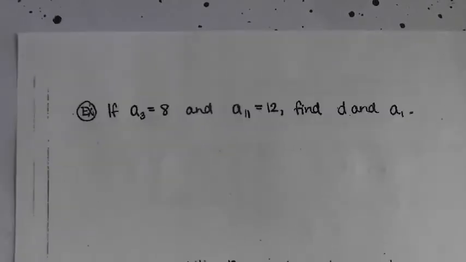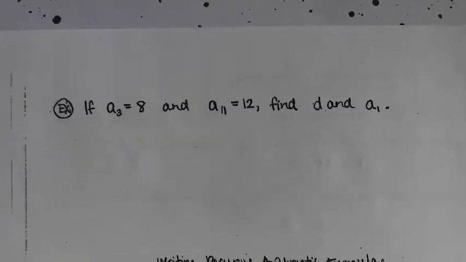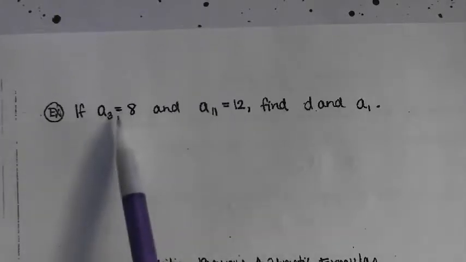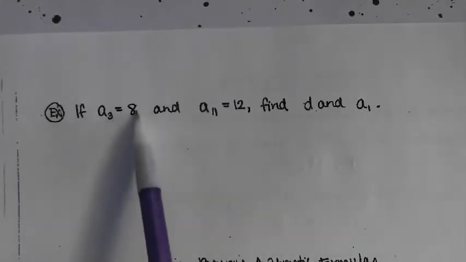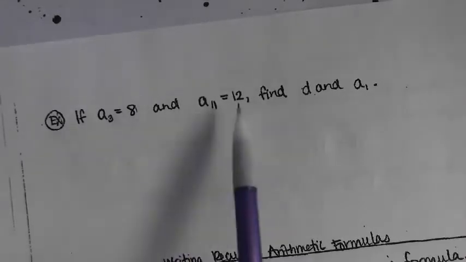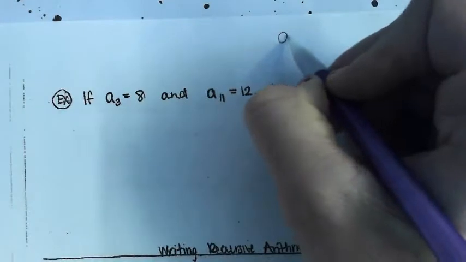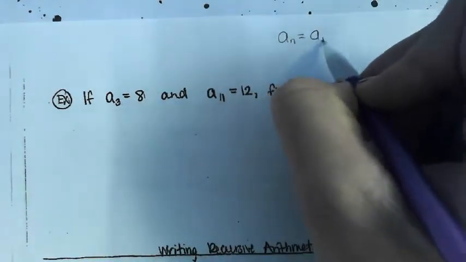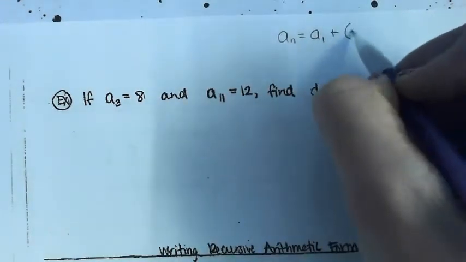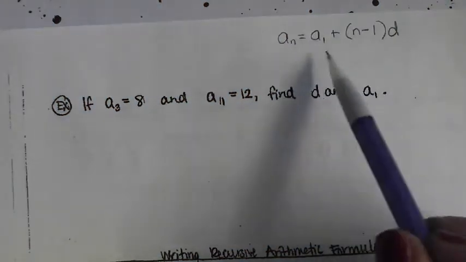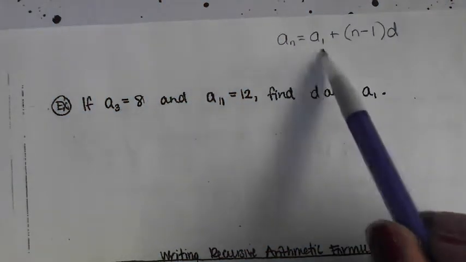All right. So here's what I hate about the formula. What about a situation like this, where they tell us the third term is 8 and the 11th term is 12? Our formula, unfortunately, is only conducive if you know the first term.